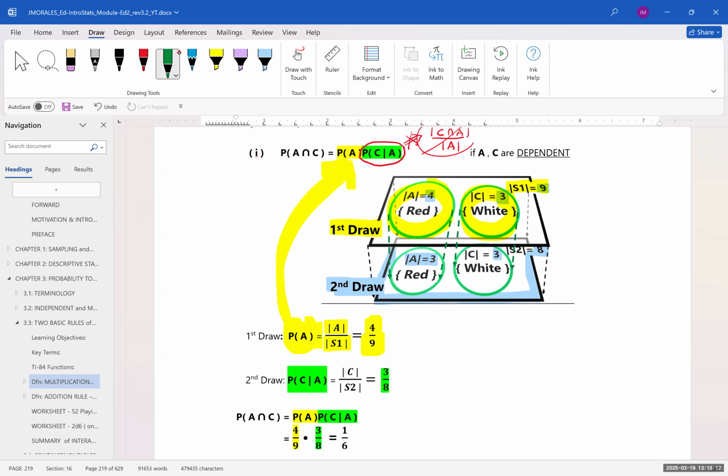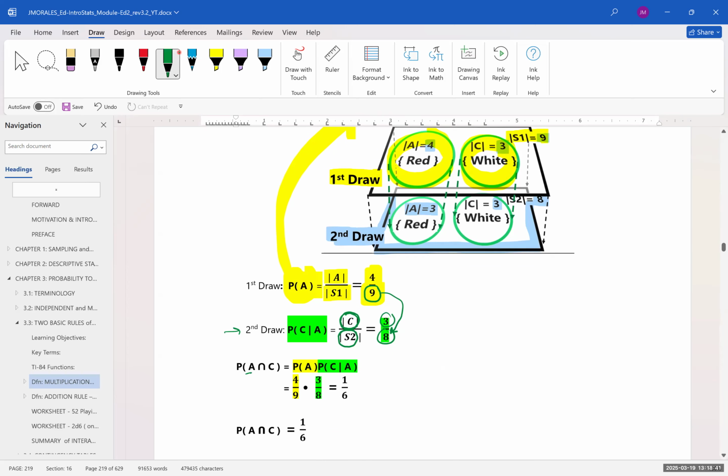Now, the second part, right here, that's what we're doing for the second draw. How many whites do we have for the draw of the second marble? Well, we've got three. What's our new sample space? It went down from 9 down to 8. So the probability of the second marble being white is 3 out of 8.